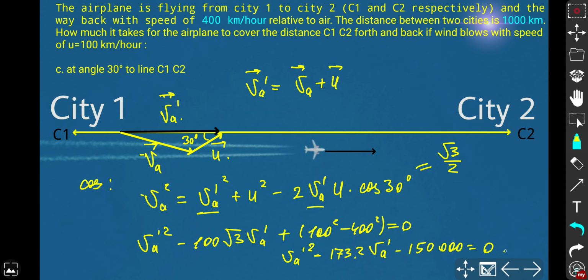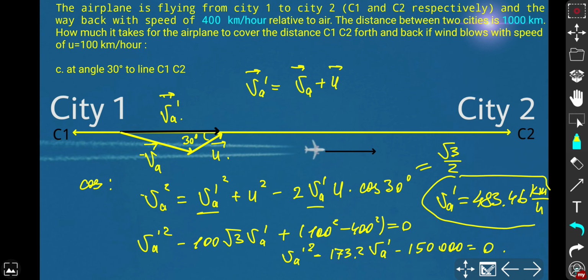Let's express VA prime using the quadratic formula. In that case, if we calculate, there is only one root, one solution that will be eligible. It's 483.46 kilometers per hour. So this is the way from C1 to C2.